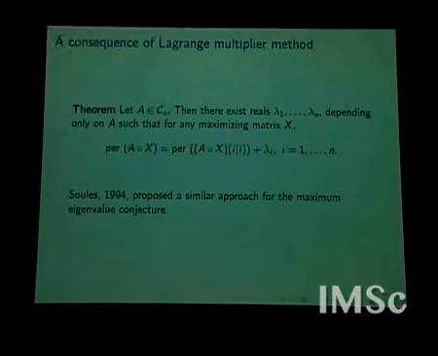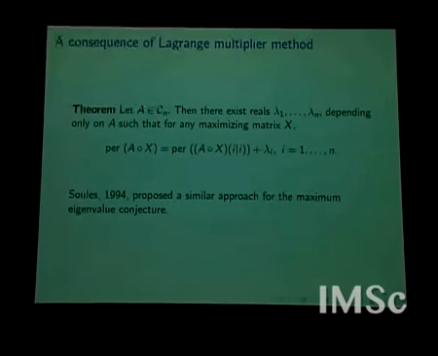And using Lagrange multipliers, one can show something similar to what I said earlier about the van der Waerden conjecture, that if A is a minimizer in the case of doubly stochastic matrices, then all the permanent cofactors are greater than or equal to the permanent. And it so happens that if the matrix is entry-wise positive, then all the permanent cofactors are in fact equal. Something similar can be done here, for all these principal submatrices.